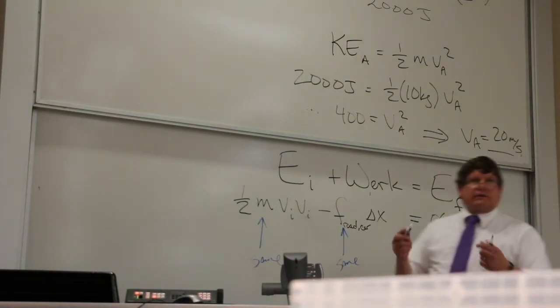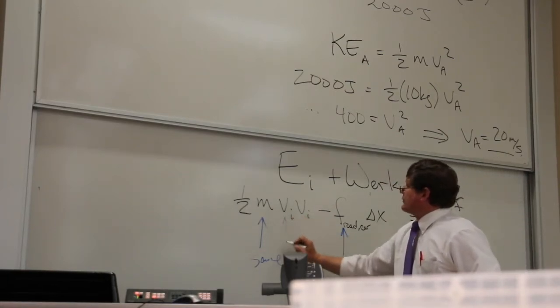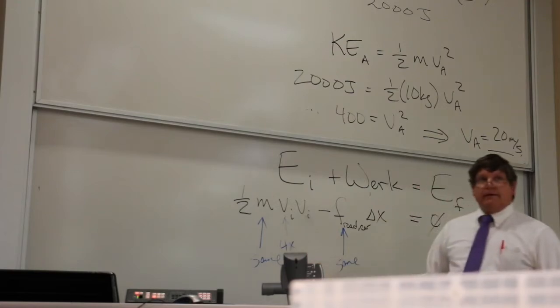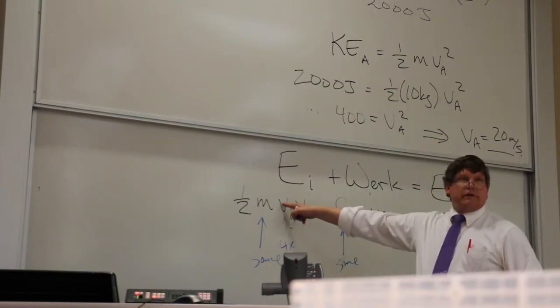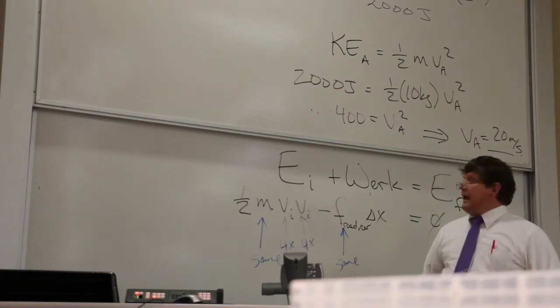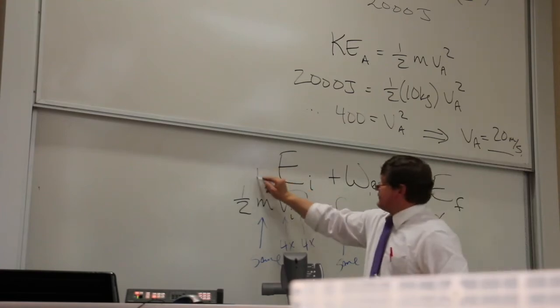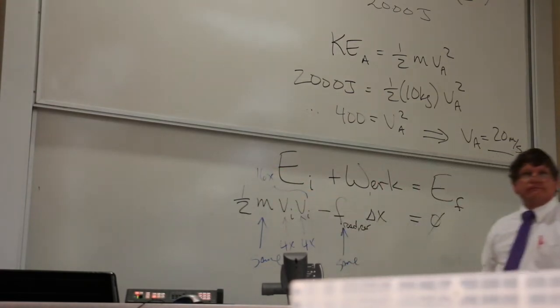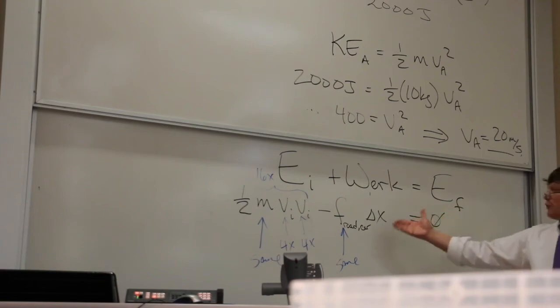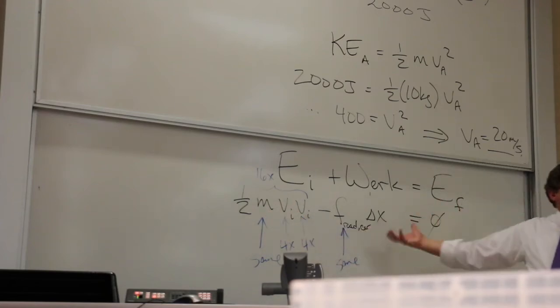If in that second slide, the car is going 4 times faster, this gets 4 times bigger. But so does this. And that means that the positive part of this equation gets 16 times bigger. Now, if this equation is still going to add up to 0, with the positive part of it getting 16 times bigger, then the negative part has to get 16 times bigger.